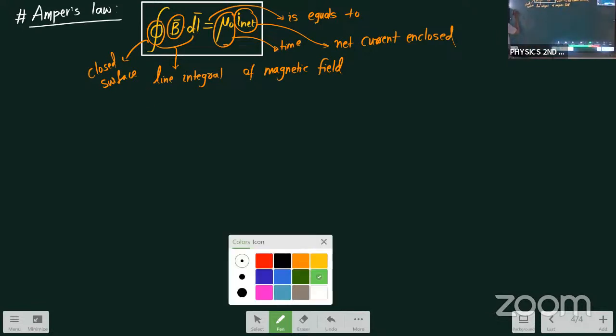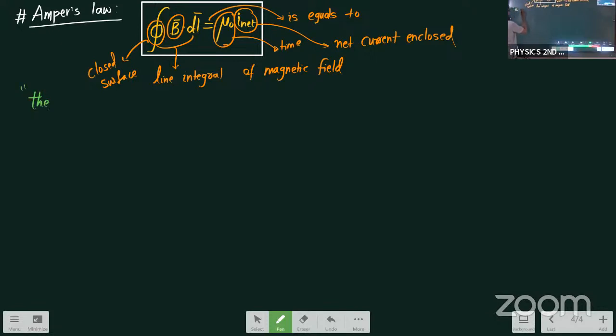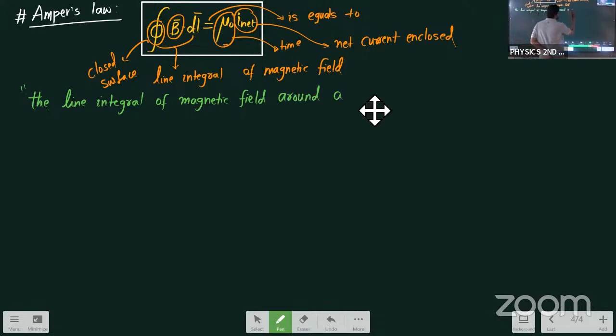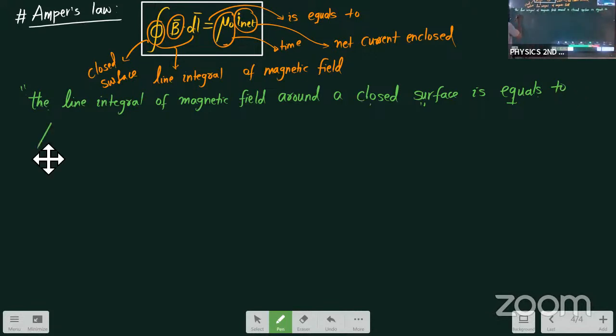So I can write down the statement for Ampere's law. The line integral of magnetic field around a closed surface is equal to mu naught times the net current enclosed in the surface.